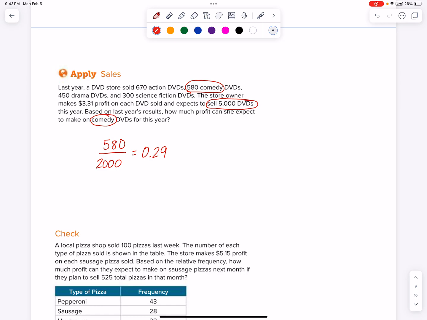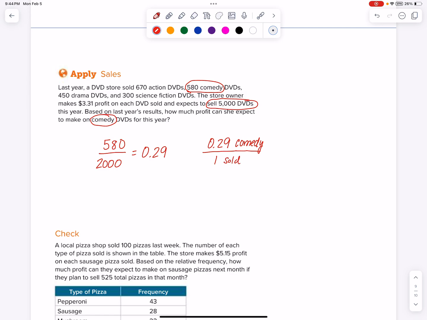Okay, so we have 0.29 for 1. So when we simplify this out, we have 0.29 comedy for 1 sold, really, instead of 2,000 sold.